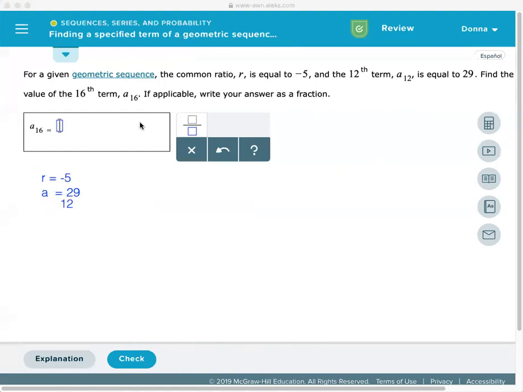And now what we're going to do is use the general form for the given value where we know that A12 was 29 to help us solve for our A1. So A12 can also be written this way.